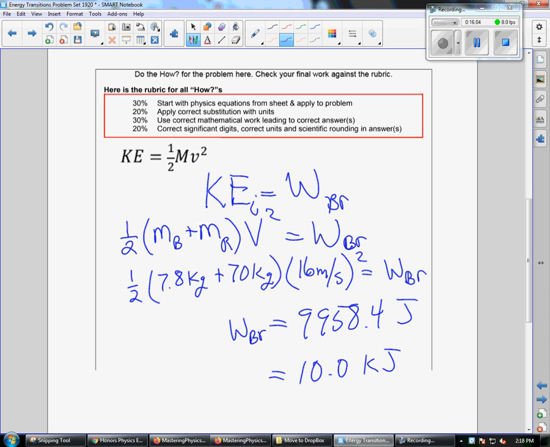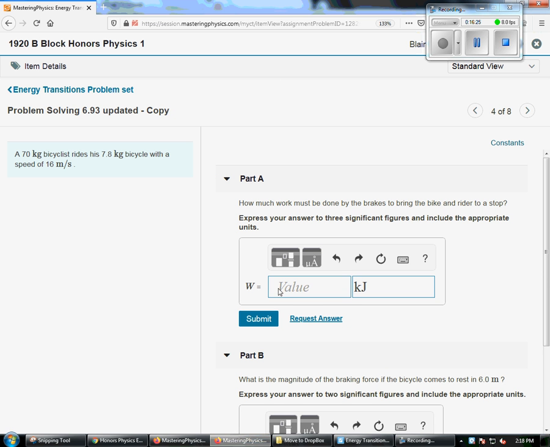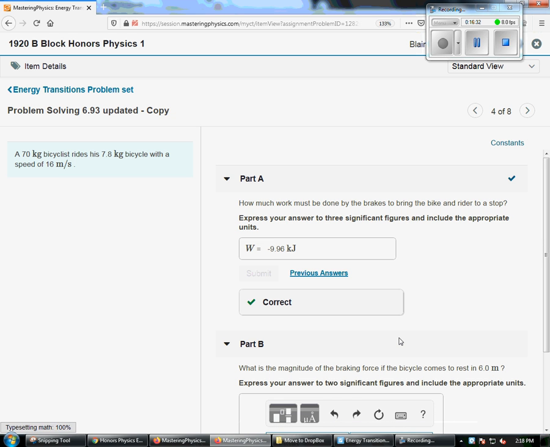Actually, sorry. Given my rounding, I'm not going to end up with 10. I'm going to end up with 9.96 kilojoules. But I am going to put in negative because energy is being taken away. So negative 9.96. Yay!